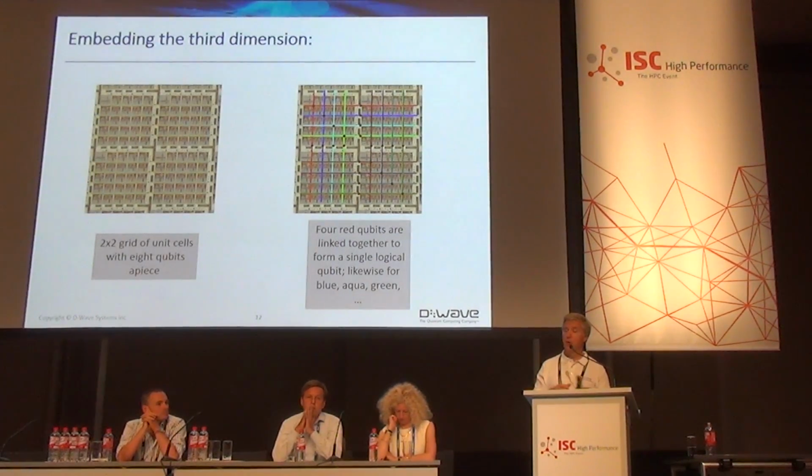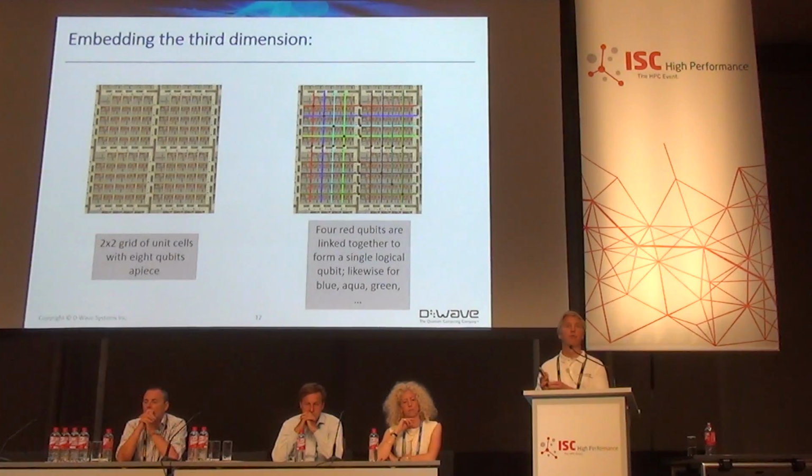If you look at the other colors here, there's a dark blue, an aqua, a green, kind of a brown color, another blue, another green, and another green color. So together, what you're seeing in these colors represents 8 logical qubits in the vertical dimension of the 3-dimensional lattice.